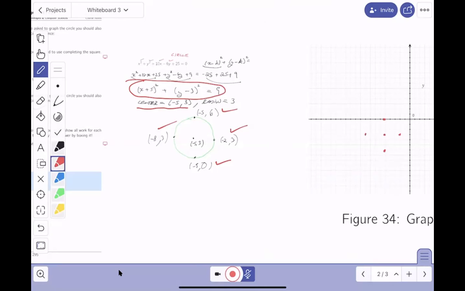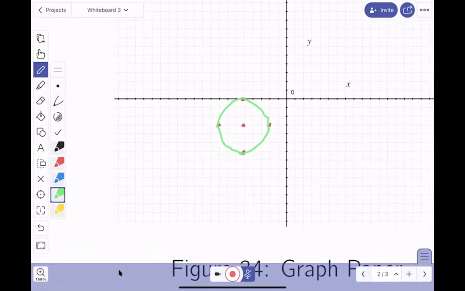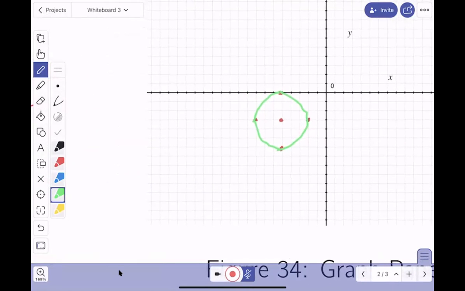I did it again. I'm going dizzy. It's pretty good, right? And then I'm going to draw a circle through that. All right, and I'm going to put these points down now for you. And again, I'm looking at it. I can make mistakes. I'm not saying I can't.